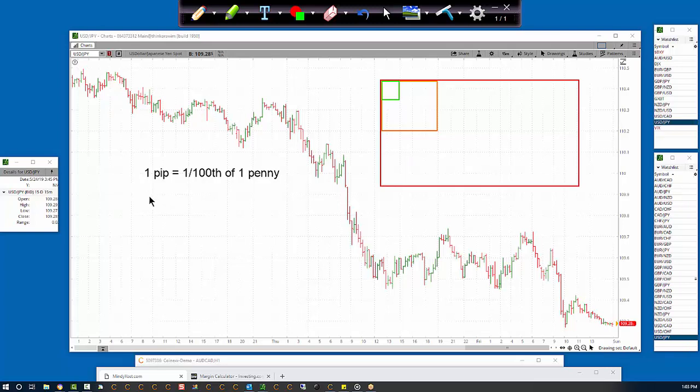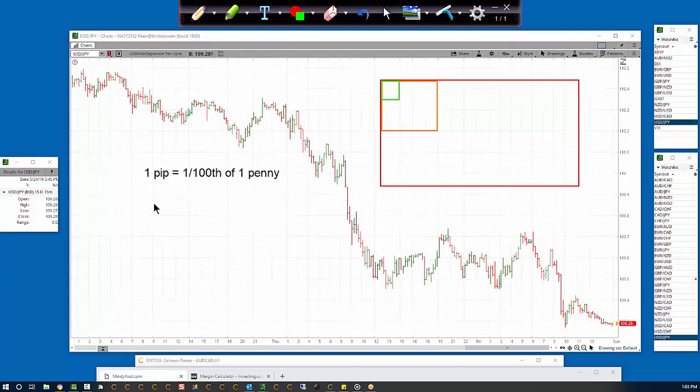Well, if 1/100th of a penny is how much 1 pip is worth, you have to understand that that 1/100th of a penny is being multiplied by 100,000 units of the currency, right?